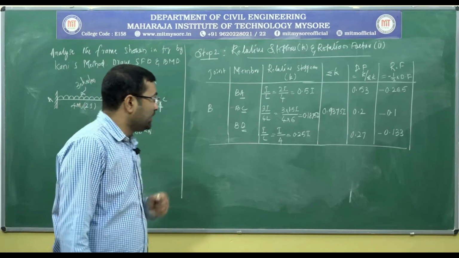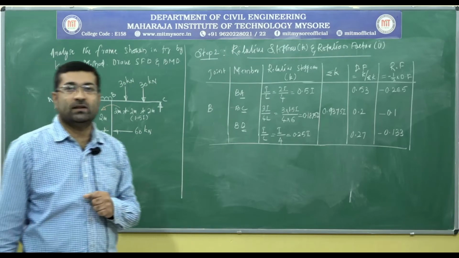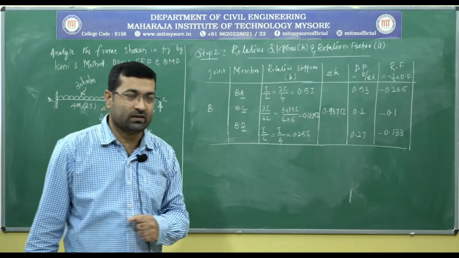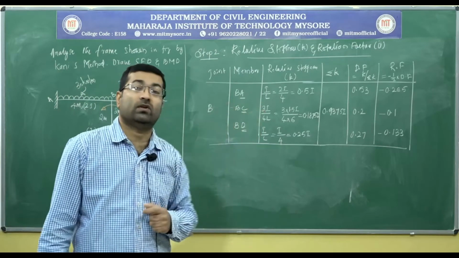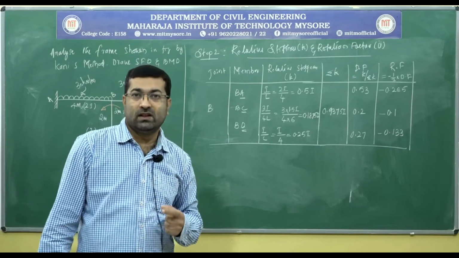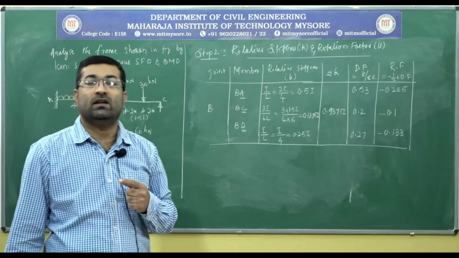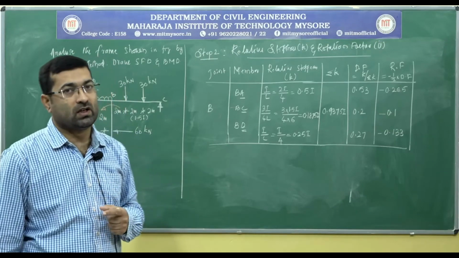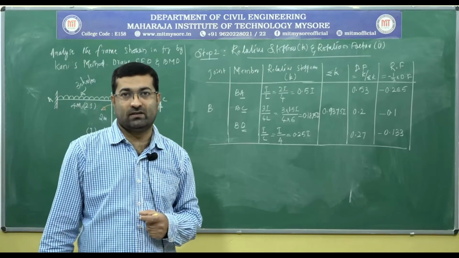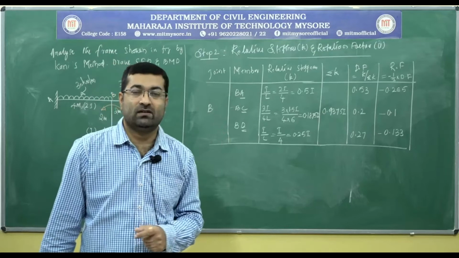Okay. So this is the second step, that is the calculation of the relative stiffness and the rotation factors. We are going to use these rotation factors in the next step, step number 3, that is Kani's method. In Kani's method, whenever we are required to calculate the rotation contributions, we need these rotation factors. The rotation contributions are dependent on the rotation factors.